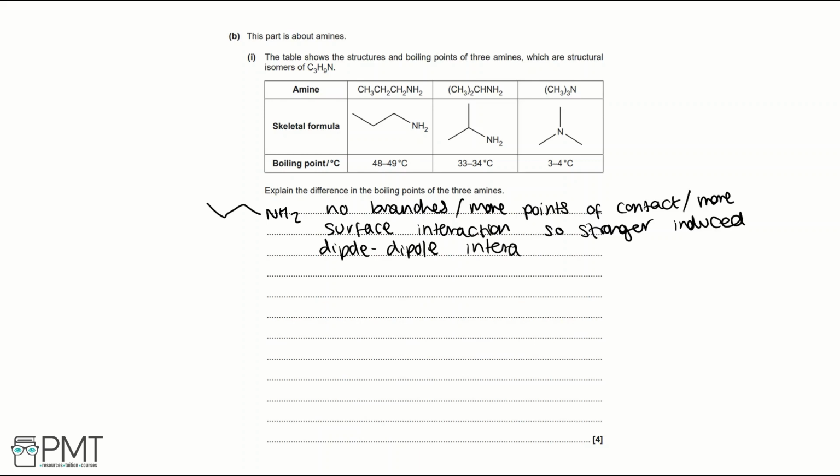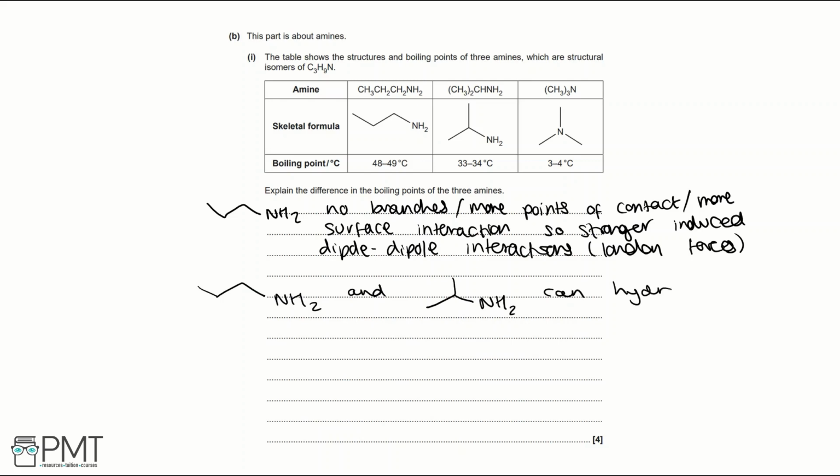Then we can start to look at the differences between amines 1 and 2, and then this huge jump to amine 3. This huge jump is due to hydrogen bonding. Amines 1 and 2 can both hydrogen bond, and that's because the nitrogen has this lone pair that's accessible.